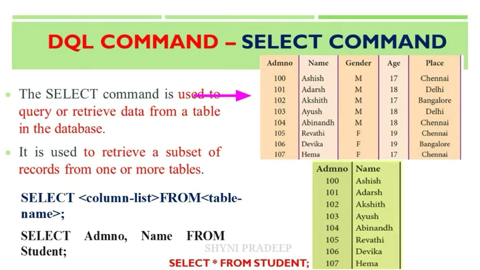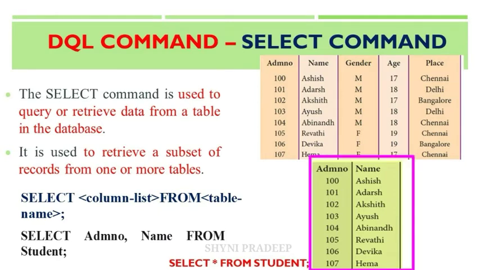If you want to display the data from the admission number and name columns from the student table, you have to write the command like this: select admission number, name, this is the column list, from student, this is the table name. When you give this command, you will get the output like this. The admission number, name list will be displayed.